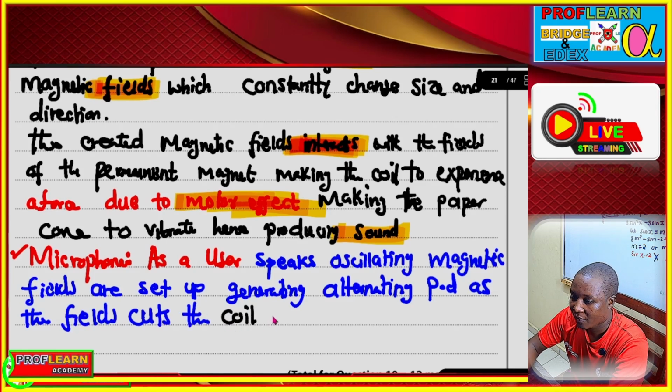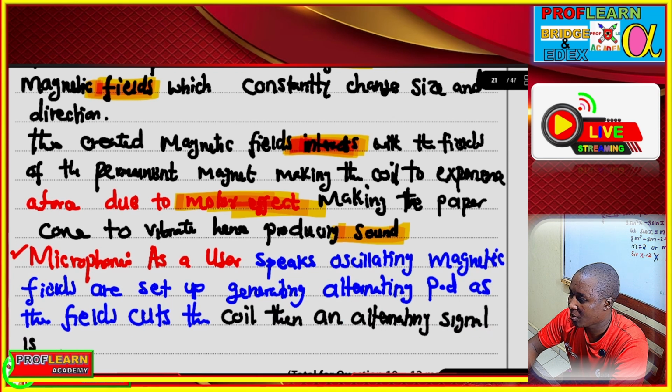So the field cuts the coil, then an alternating current is going to flow. So basically that's what we are going to say at that particular bit.